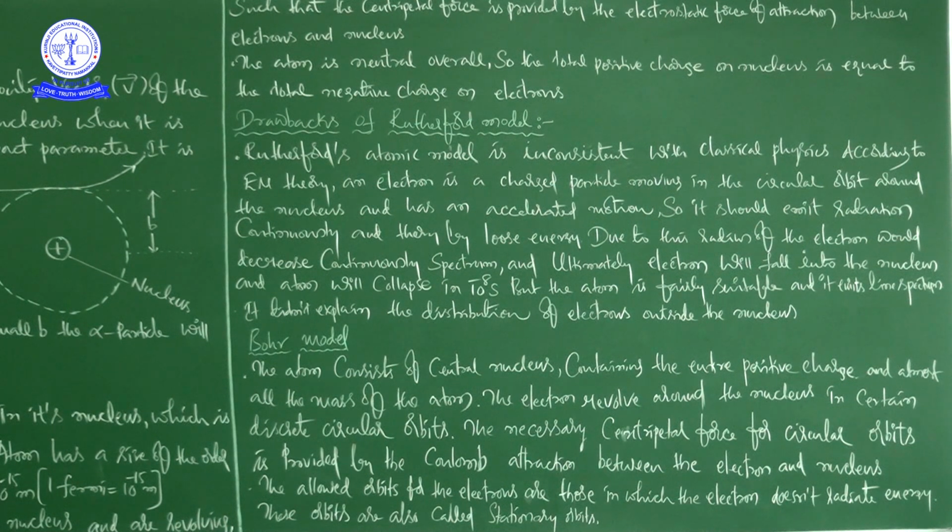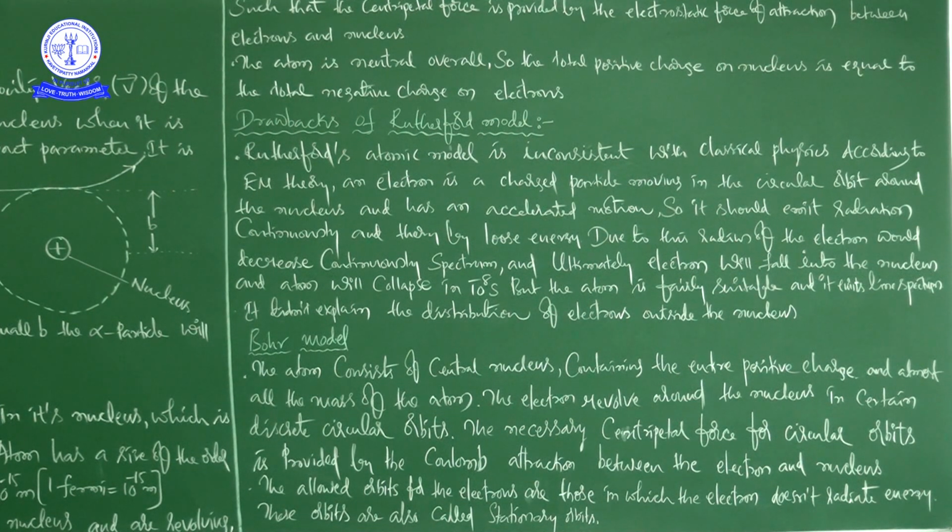When the electron falls into the nucleus, the atom will collapse in 10 to the power of minus 8 seconds. But the atom is fairly stable and it emits line spectrum.